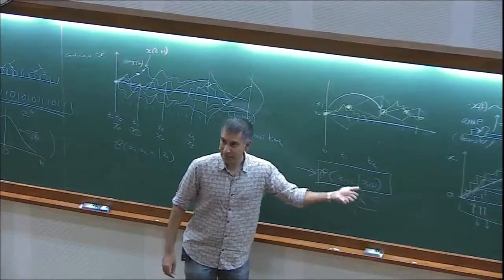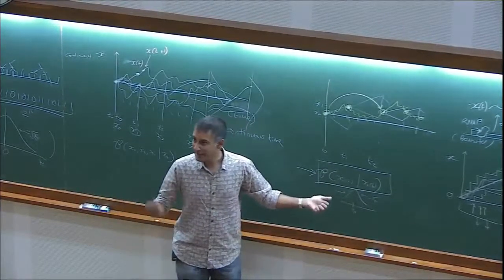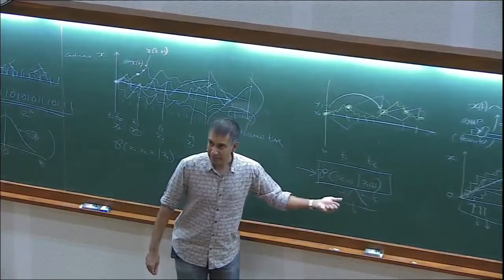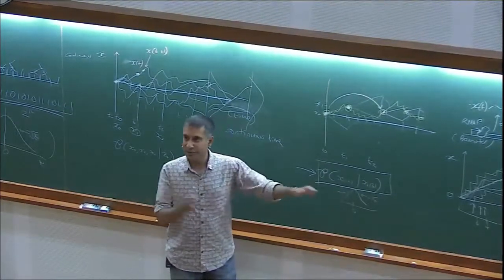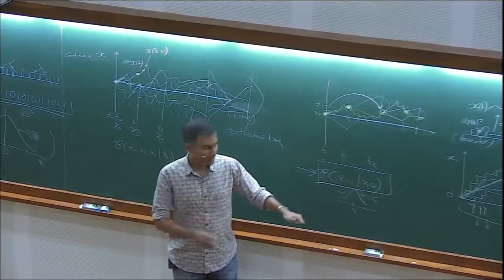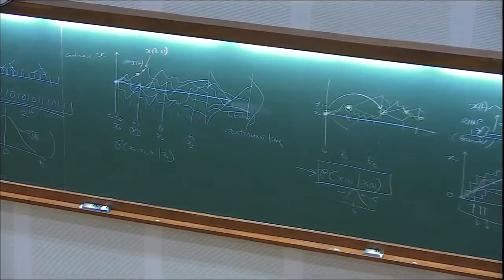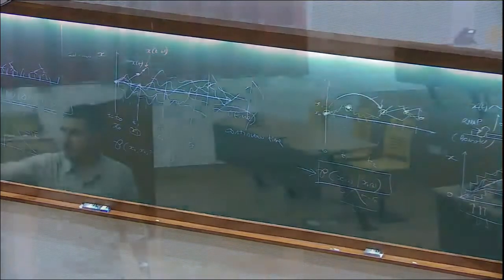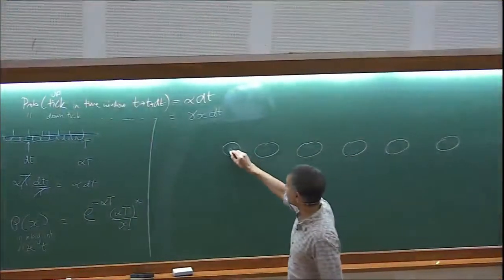If I know where I'm starting, where am I going to be after a certain amount of time? If I can calculate analytically or otherwise probability distributions like this, then I'm golden. I can use a computer to generate the whole curve. So the way you calculate these probability distributions is now, in fact, pictorially very explicit. You think of a bunch of bins which correspond to different values of x.